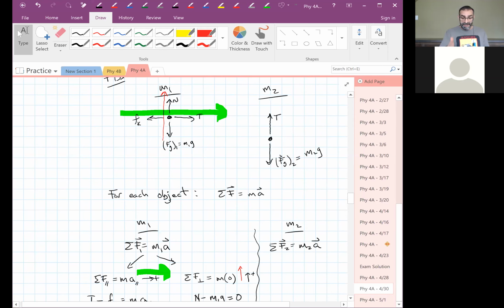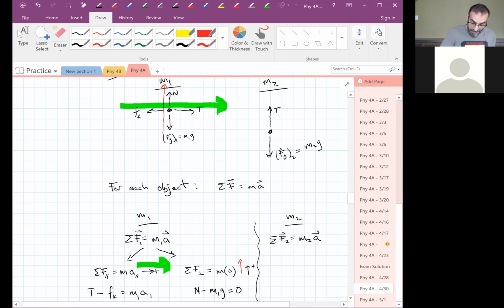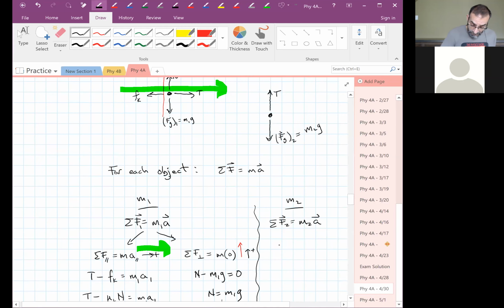It only has forces parallel to the direction of motion. So the sum of the forces in the parallel direction has to equal M2 times A parallel. We okay with that?